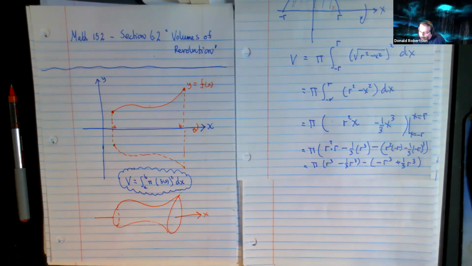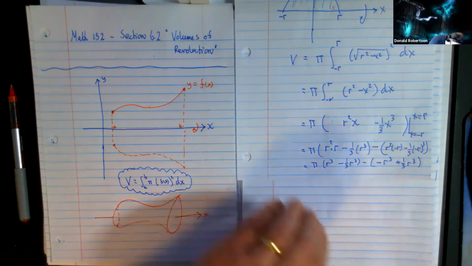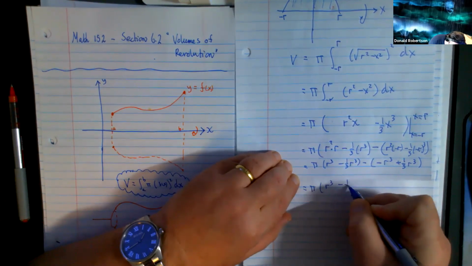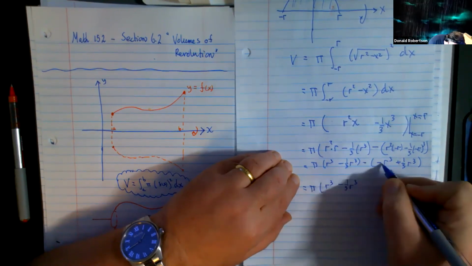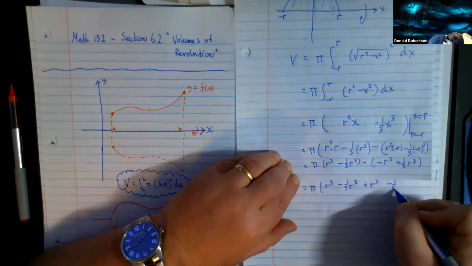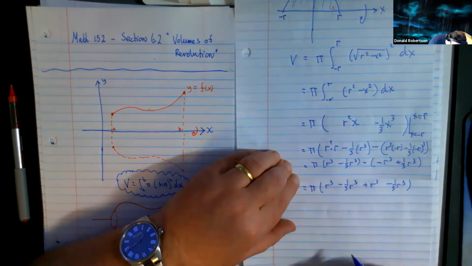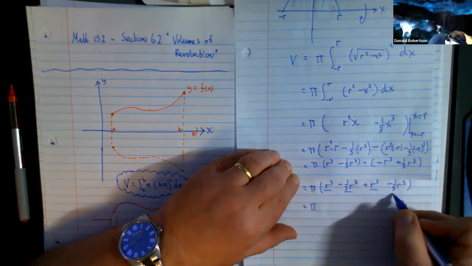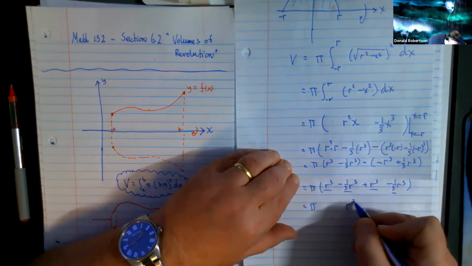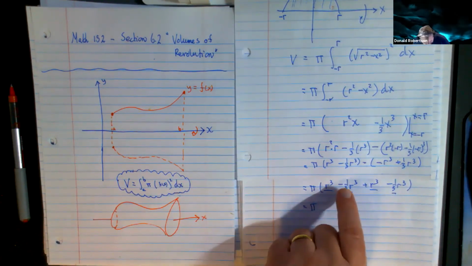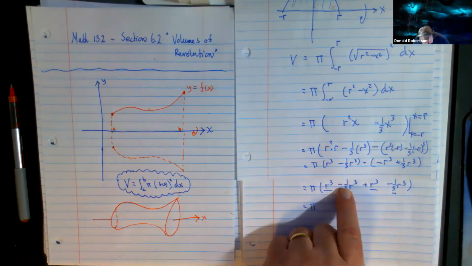So far, so good? Right, let's see what that looks like. An r cubed, take away a third r cubed, take away is add an r cubed, take away 1/3 r cubed. That guy, that guy, that guy, and that guy are all r cubes, aren't they? So I've got 1, take away a third, that's 2/3.